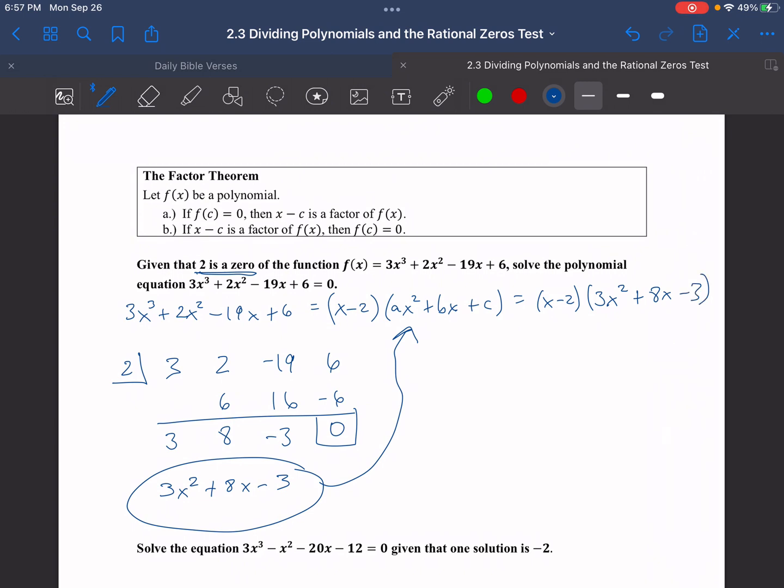And now at this point, we have at least one of the factors, so we know one of the zeros is 2. And then all we have to do is finish factoring this out, and we will know what they are. Now, I don't like trying to factor something like that, 3x squared plus 8x minus 3. I mean, maybe you can come up with something. But if I can't see how to factor that real quick, I just automatically jump to the quadratic formula.